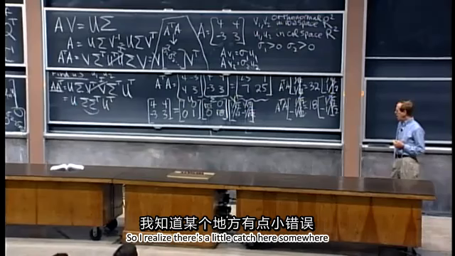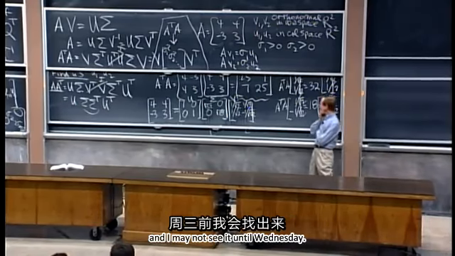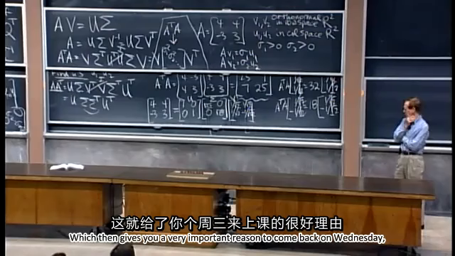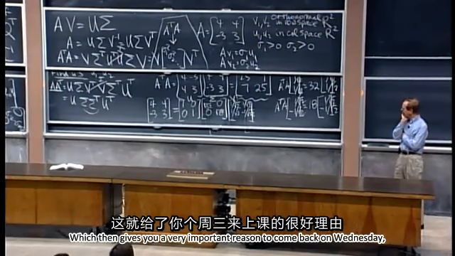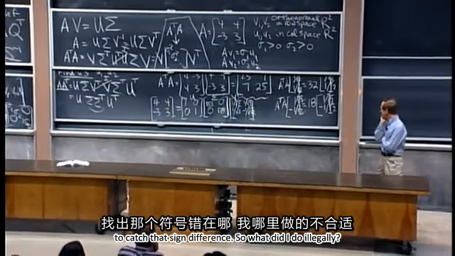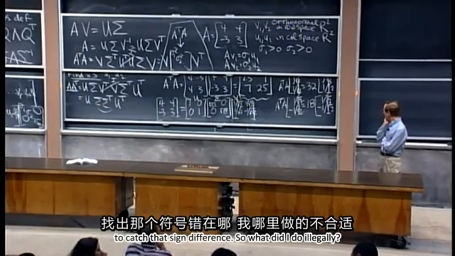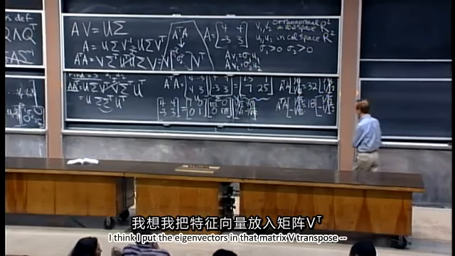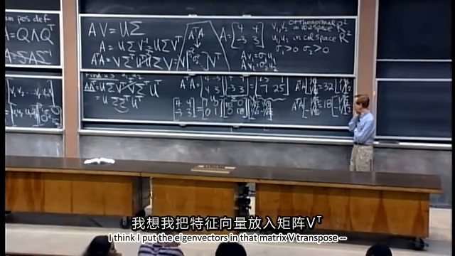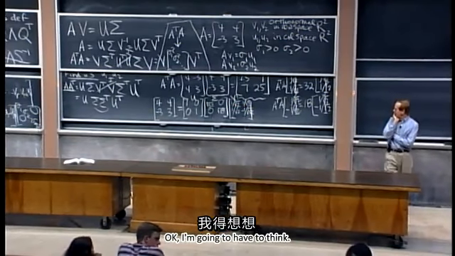Okay. So I realize there's a little catch here somewhere, and I may not see it until Wednesday, which then gives you a very important reason to come back on Wednesday to catch that sign difference. So what did I do illegally? I think I put the eigenvectors in that matrix V transpose. Okay, I'm going to have to think.